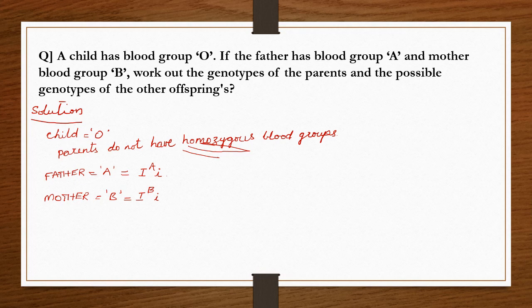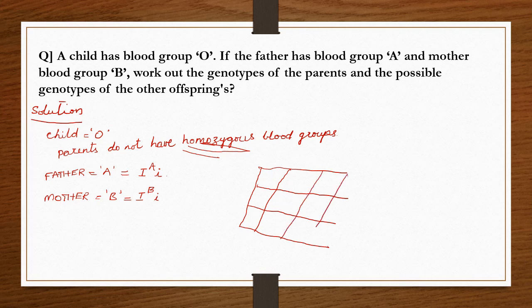Now let's apply Mendel's laws. These are diploid conditions. When it forms the gamete, each gamete receives one gene. So we apply the Punnett square.